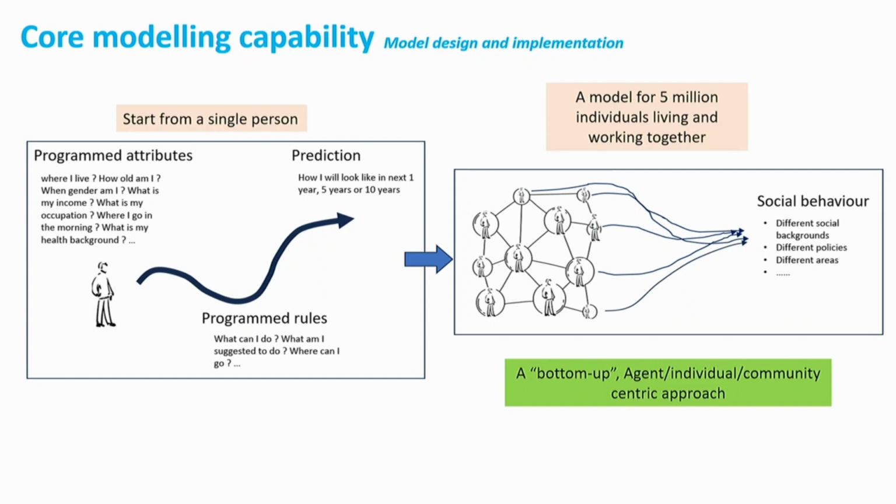So in our model, we have 5 million individuals living, working, and playing together. This is essentially a bottom-up approach. We're trying to simulate individual behaviors and derive the social behavior so we can investigate, for example, different policies for different social settings, different areas, different ethnicities, and so on.